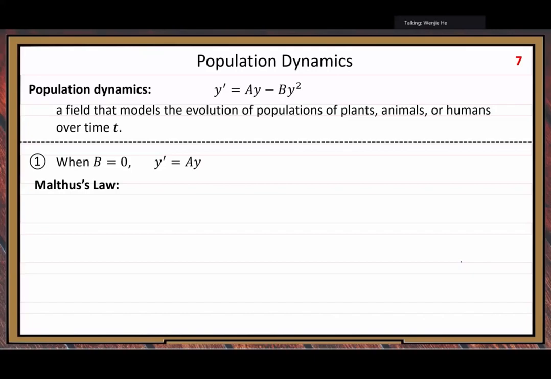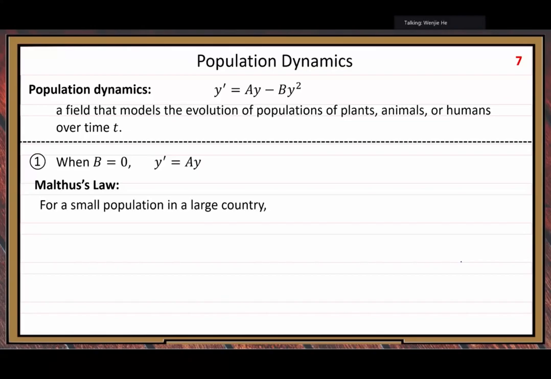A famous person who, in the 1700s, probably very early, used this modeling function. Too simple, not good.